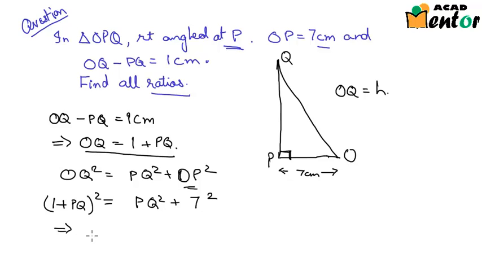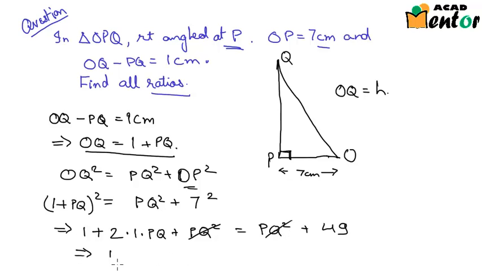We can further solve it to get 1 plus 2 into 1 into PQ plus PQ square equal to PQ square plus 49. I have just expanded 1 plus PQ whole square as 1 plus 2 into PQ plus PQ square. So PQ square and PQ square get cancelled from both sides.